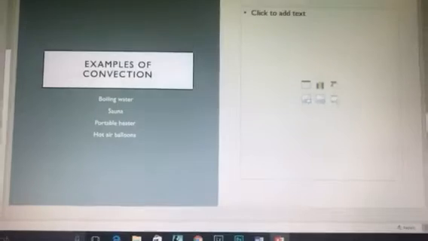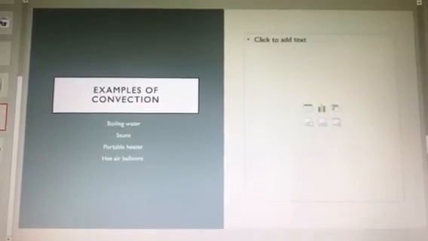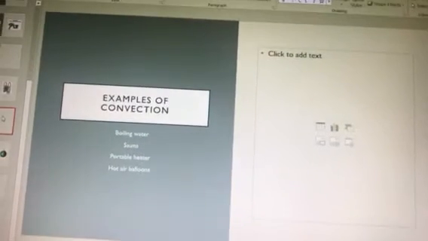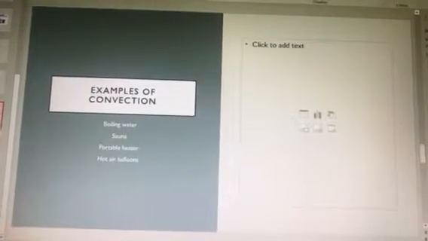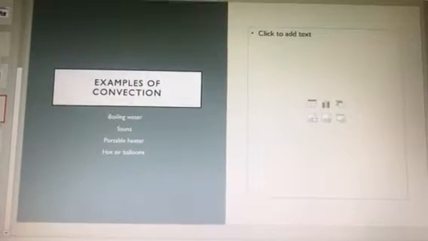Portable heater is another example. As we know, hot air rises and cold air falls. And the portable heater is an example of convection with air.